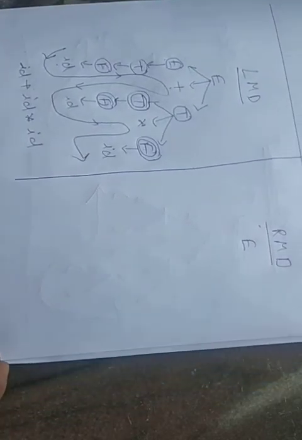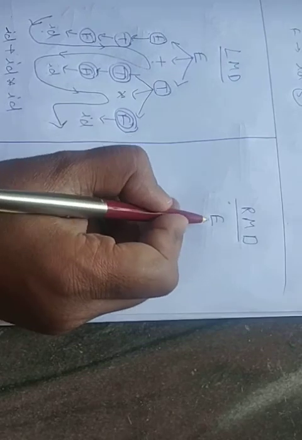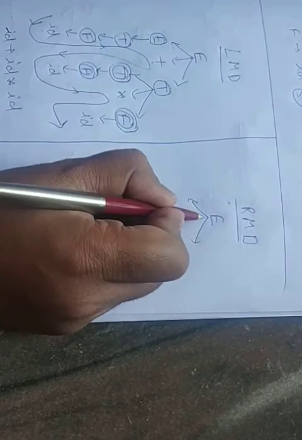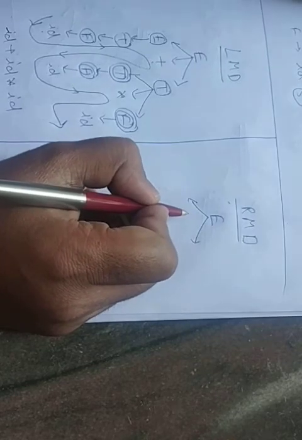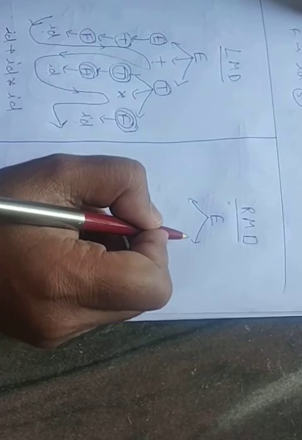Now if I move to the rightmost derivation tree, again it starts with the starting symbol, which says E produces E plus T, or E produces T. Which should I prefer?